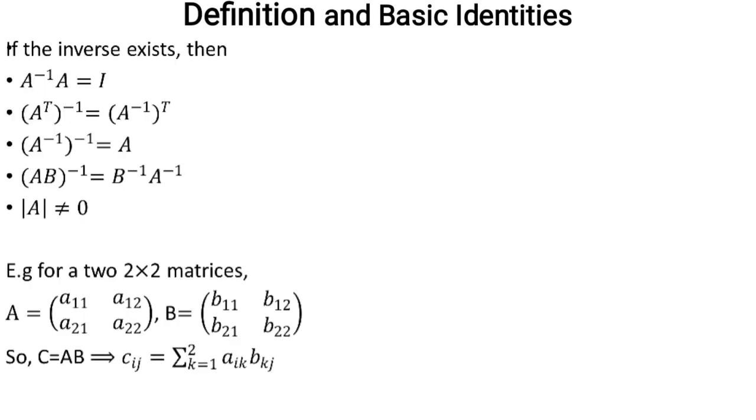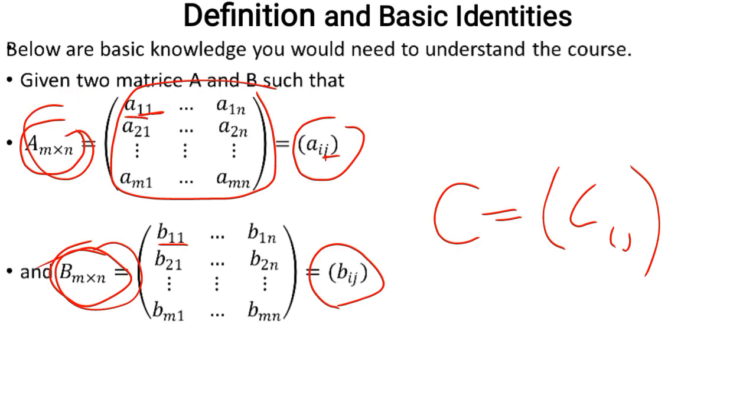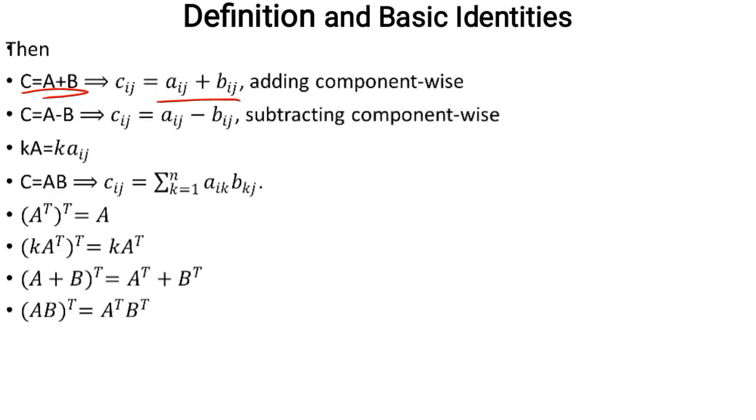So C would be A11 plus B11 to get my first entry, right? For the big n by n matrix, that would be like A11 plus B11 for the first entry, and you keep going like that, okay? Well, if you're subtracting, this is the standard rule.